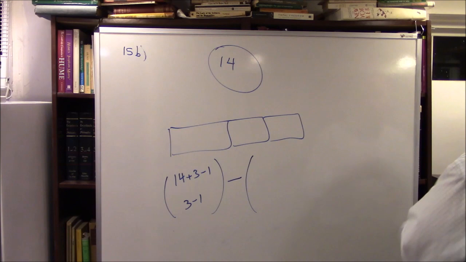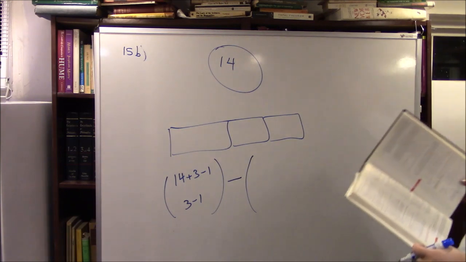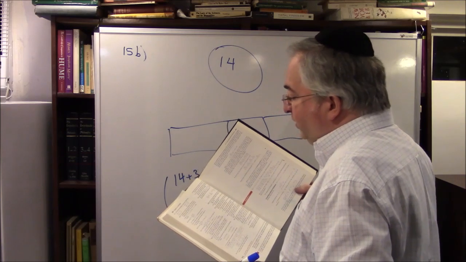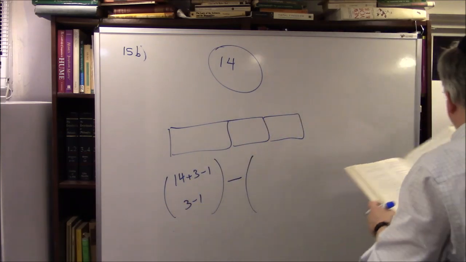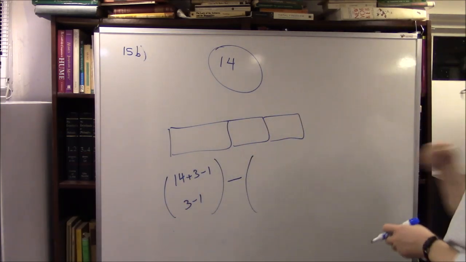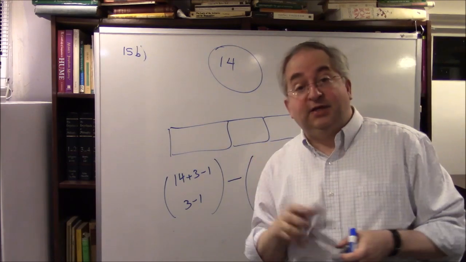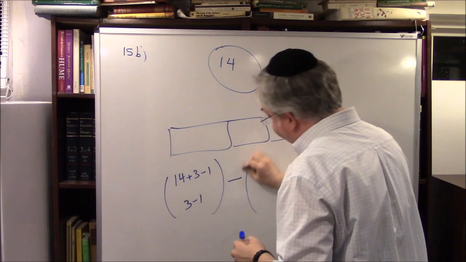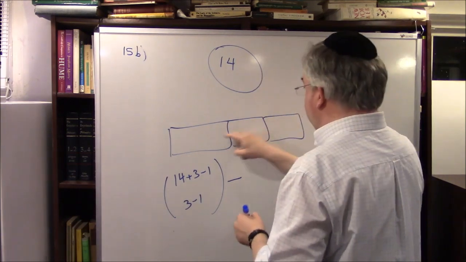Sorry, let's read the question again. How many ways are there to put 14 objects in 3 boxes with no more than 7 objects in any box? So we have to make sure that there's no 8 in any box. So it's minus. How do you put 8 in any box?